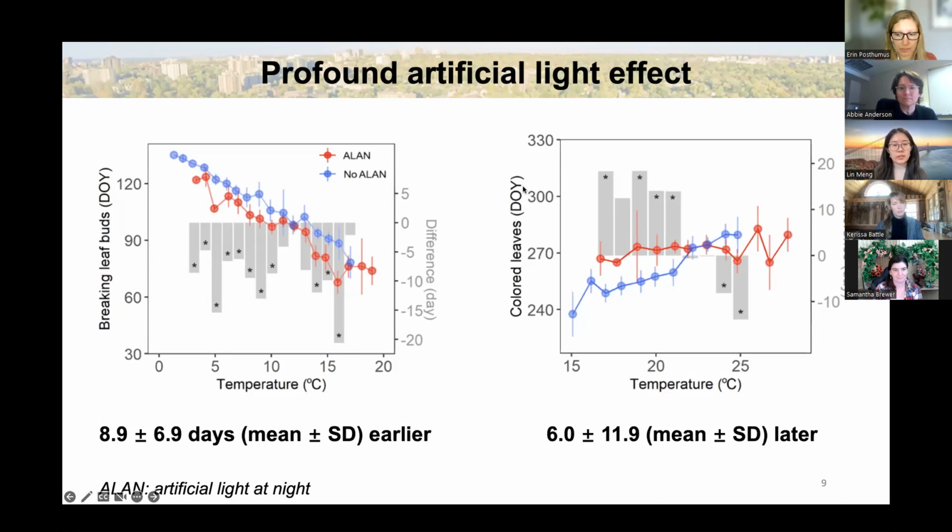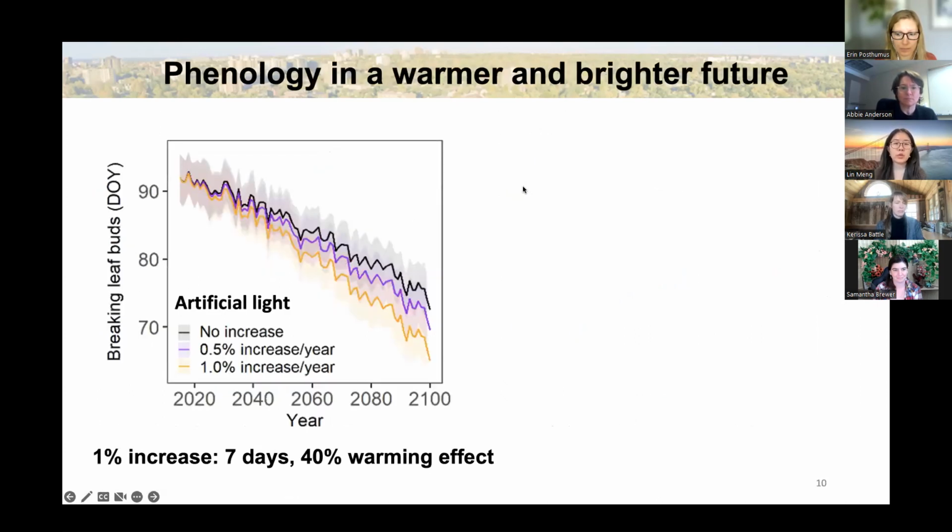And based on this finding, I built a linear mixed model, and then I used future temperature projection and 3 artificial light scenarios in the future to predict the changes in breaking leaf bud and colored leaves by the year 2100.